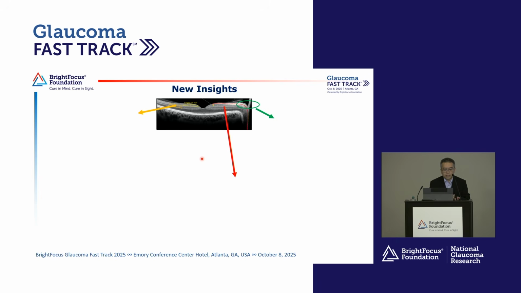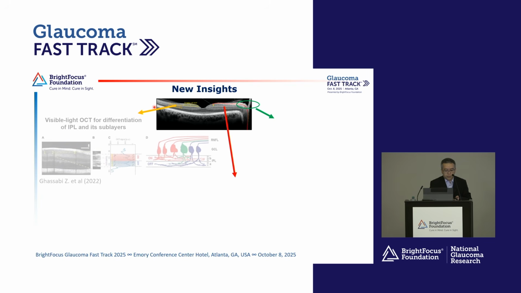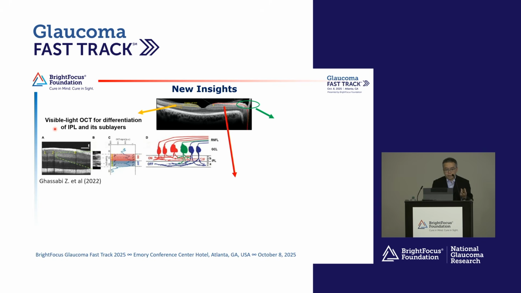So some of the current machines that are trying to tackle these methods include using, instead of the conventional near-infrared light, visible light OCT, using a shorter wavelength for high resolution, and also because biological tissues can have better absorbance, so you have better contrast.